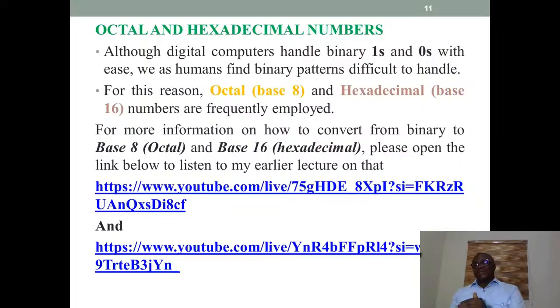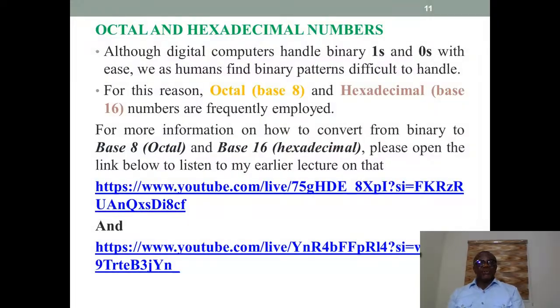Decimal is not very much used in computer systems. We will see the reasons. The ones that are commonly used are the octal and the hexadecimal numbers.